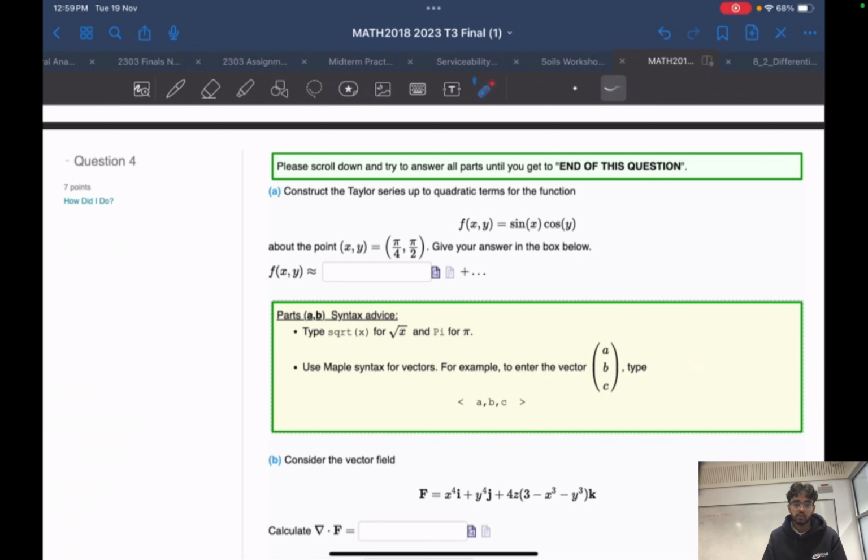However, this stuff is actually quite important. Construct a Taylor series up to the quadratic term about the point pi on 4 and pi on 2.